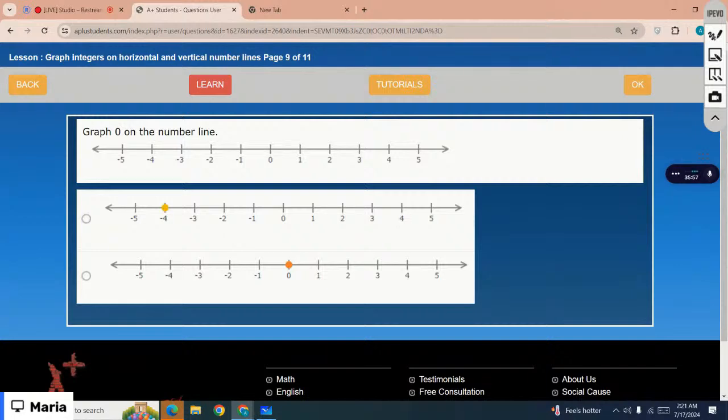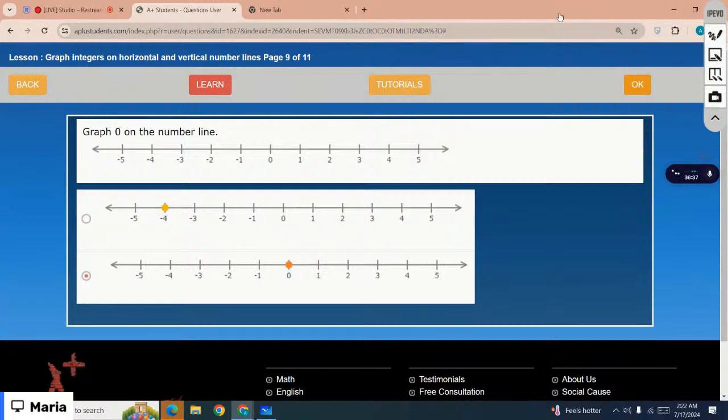Graph 0 on the number line, which is the correct option? Option number 2 is the correct option.